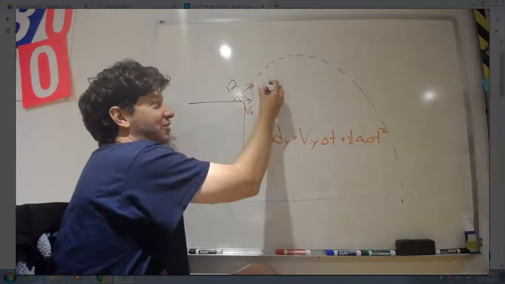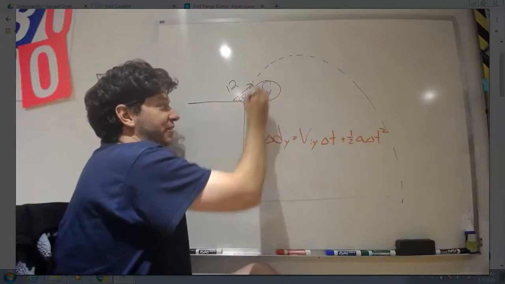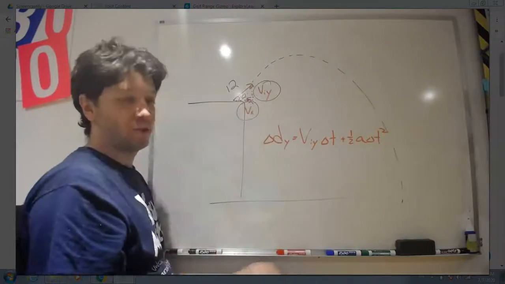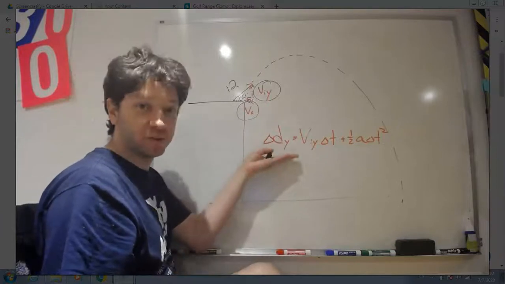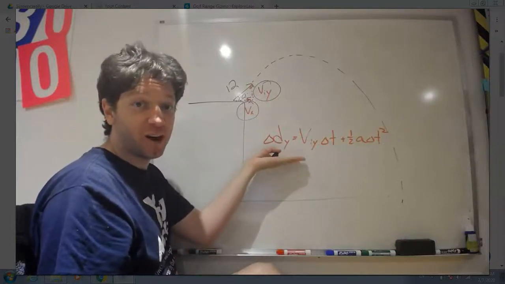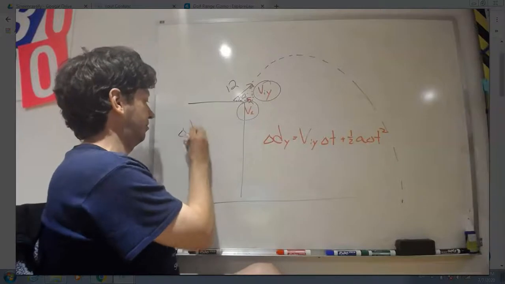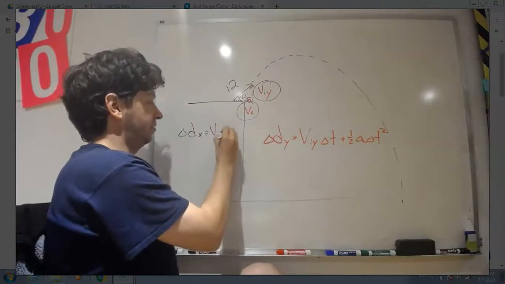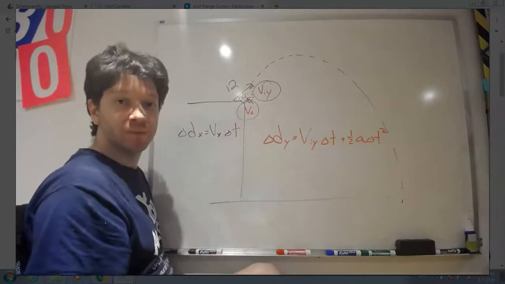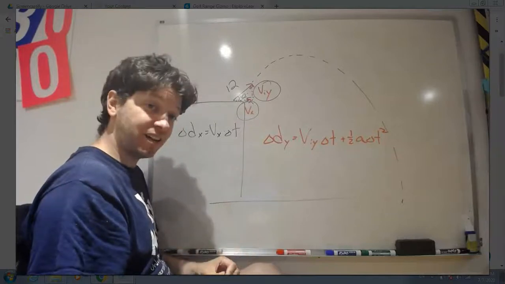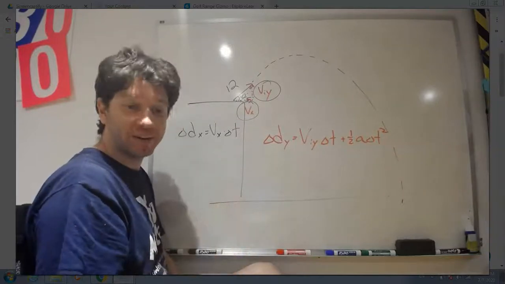So you will have to use your trig ratios to solve for this and solve for that. Once you do that, you can go ahead and use your equations of motion in y and in x. Okay, so try it. If you get stuck, watch the whiteboard animation video.